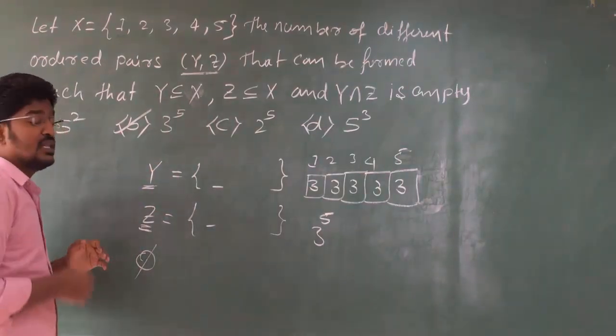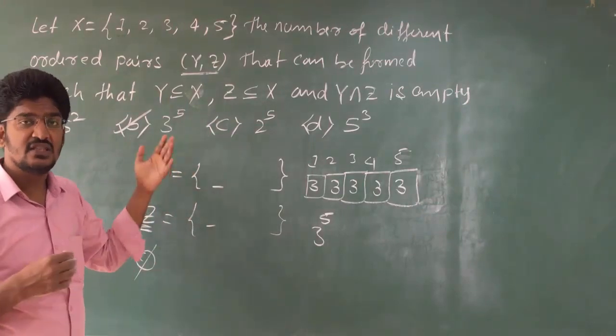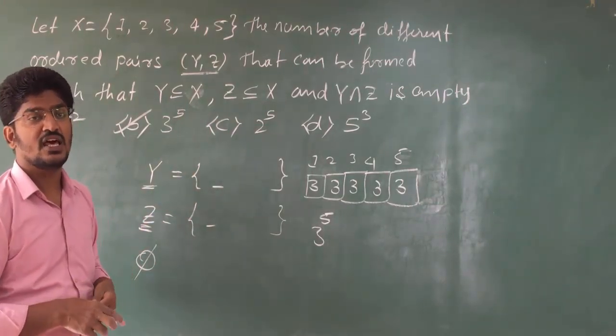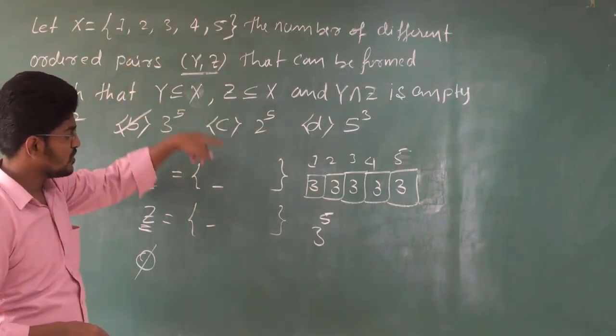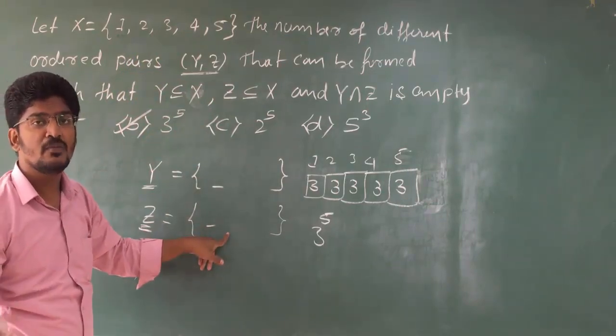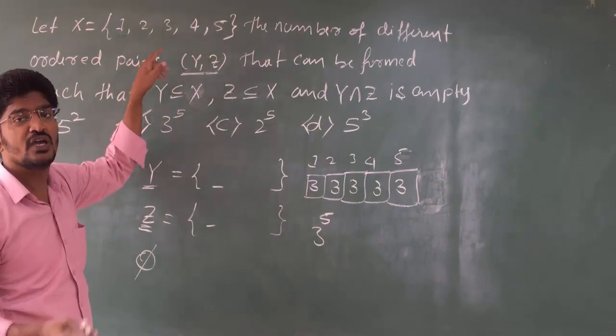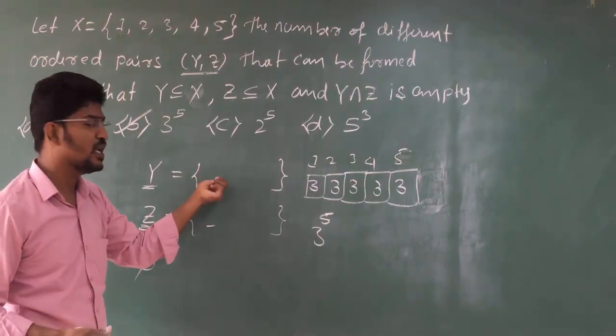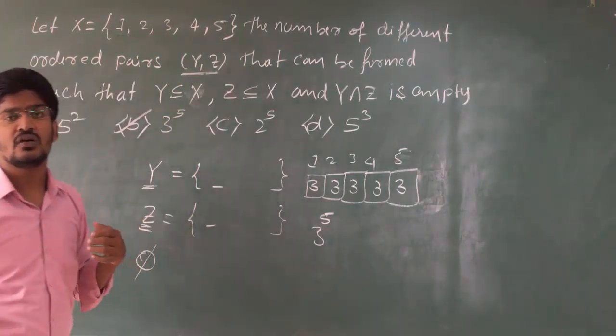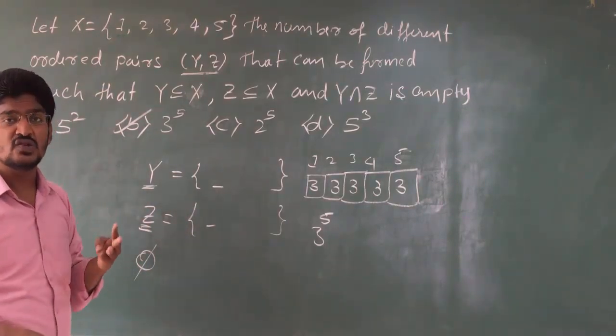Next one, the element may be in neither of the sets. That is also a choice. Clear? For example, 2 may not be in Y and may not be in Z. No problem. For constructing a subset, consideration of 2 is not compulsory. I cannot choose 2 in Y and also not in Z. So that is why it has 3 choices.